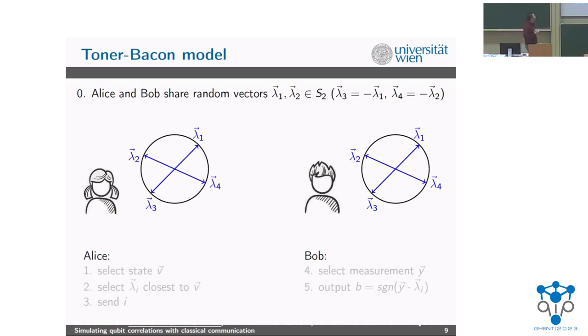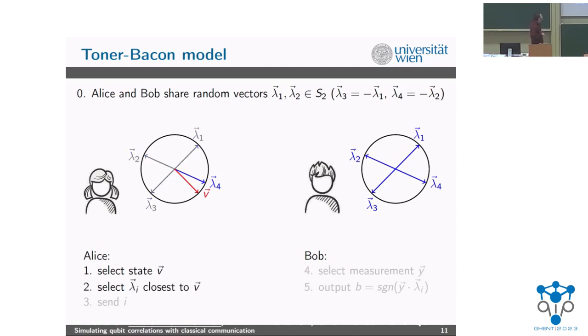And how does that look? Alice can choose the state that she would like to send in the qubit scenario. They don't have quantum resources now, they have a classical protocol here. So what she does is check which of these 4 vectors they agreed on beforehand is the closest one to the state she wants to send.